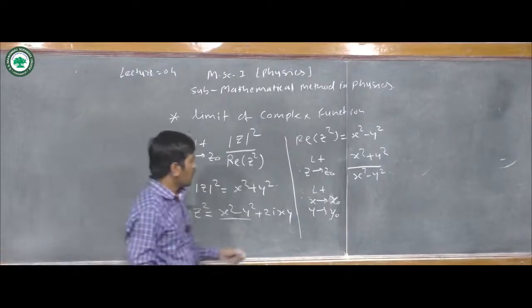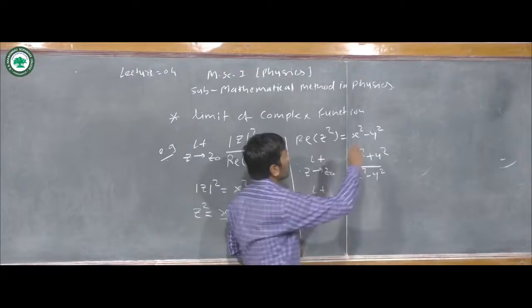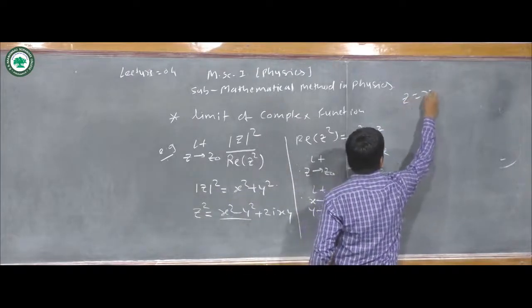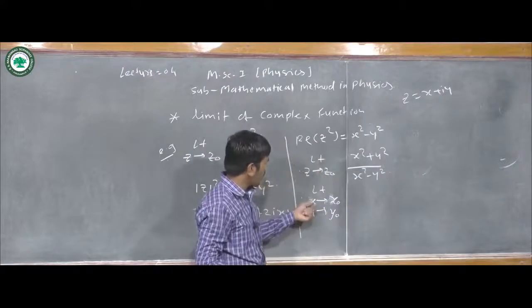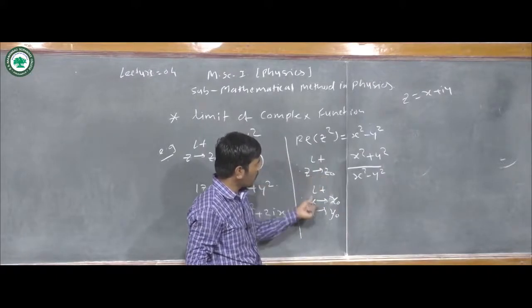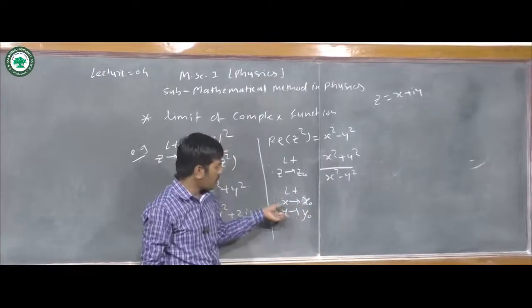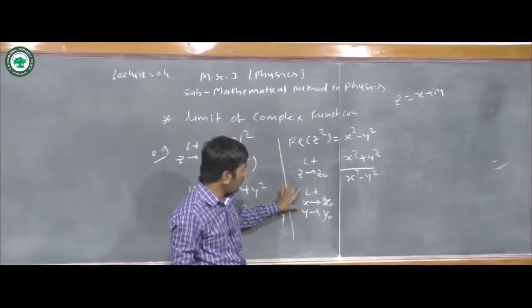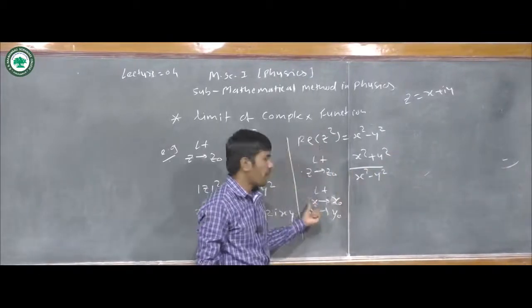Okay, because z is x plus iota into y. So when z approaches z naught, we can write x approaches x naught and y approaches y naught. So now, what we discussed previously is that there are a number of ways of approaching z naught.